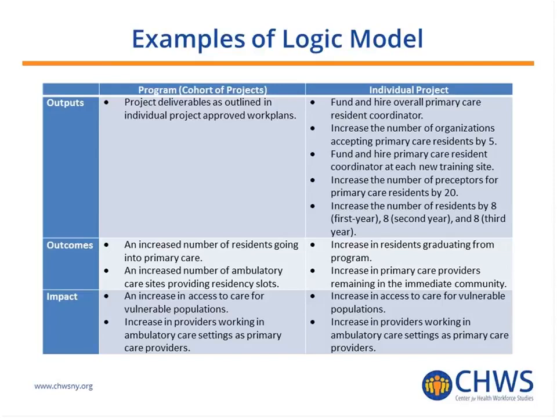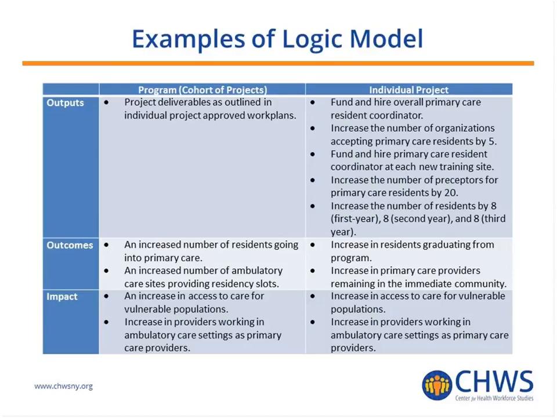A short-term objective could be we've increased the number of residents graduating from a program. I'm sorry, outcome. There are a lot of these terms. A short-term outcome could be increasing the number of residents graduating from the program. But a longer-term outcome could be the number of primary care providers I have in a community.